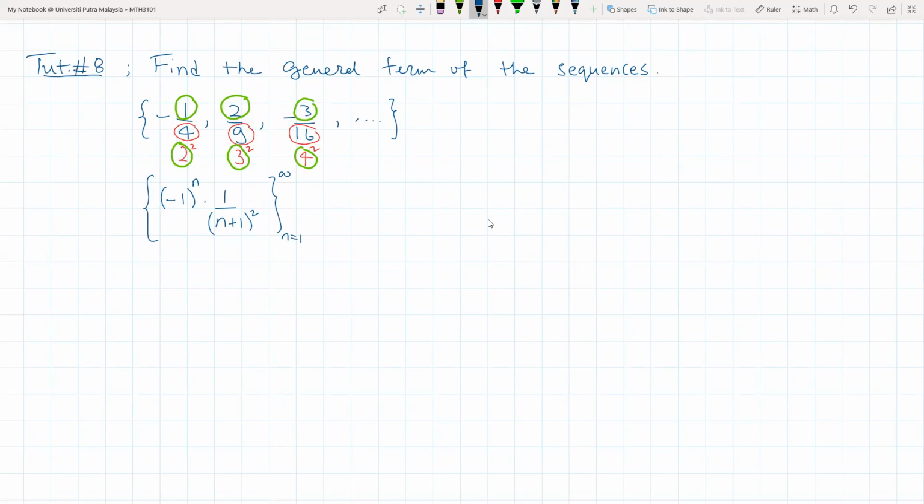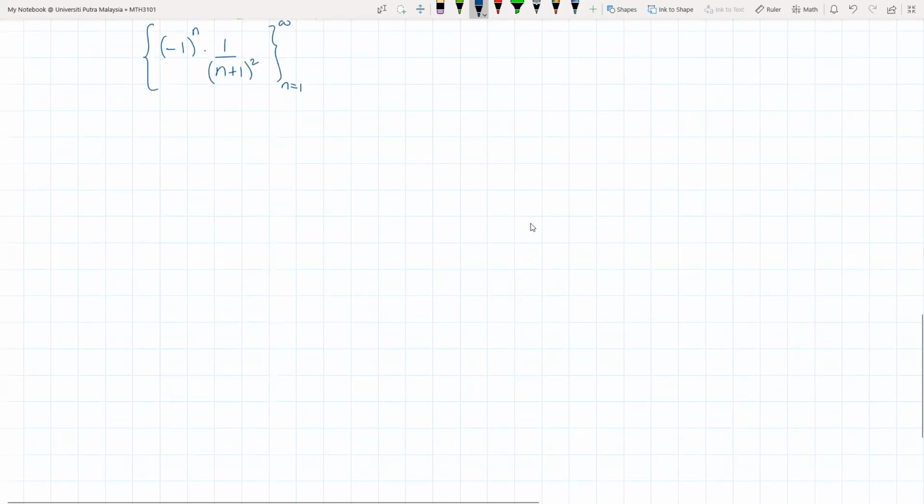Let's see the convergence of sequences. For tutorial number 8, question number 3A, the question says check if the sequence converges or not.